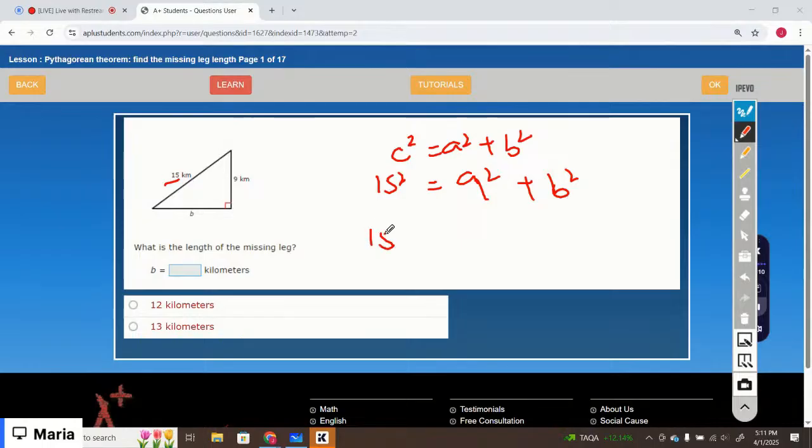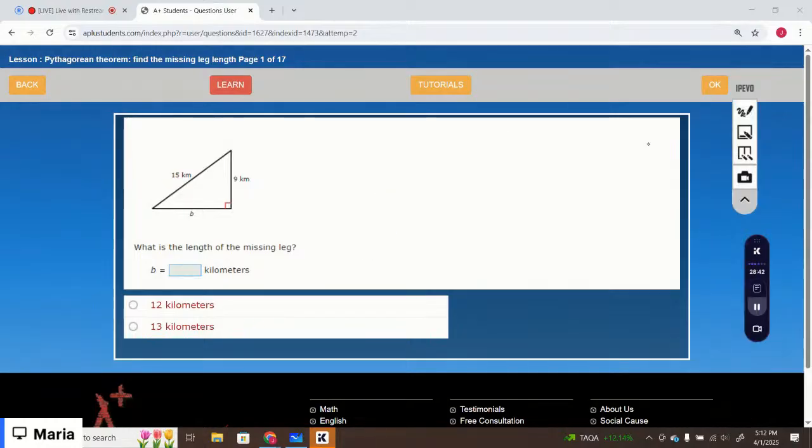Move 9 square to the other side. 15 square is 225 minus 81 equals b square. 225 minus 81 equals 144, so b square is 144. So b equals 12. Option number 1 is the correct option, that is 12.